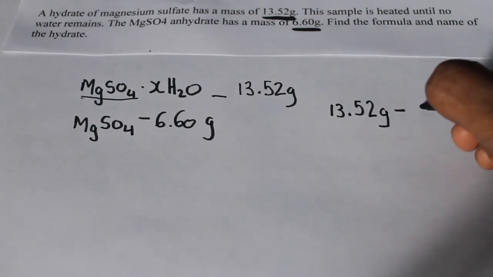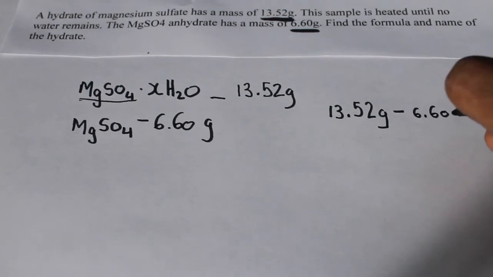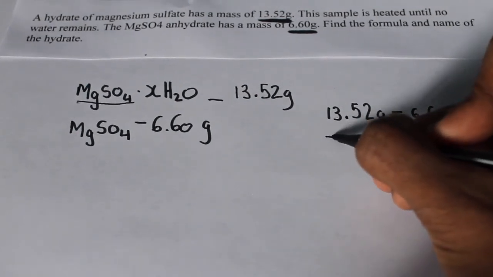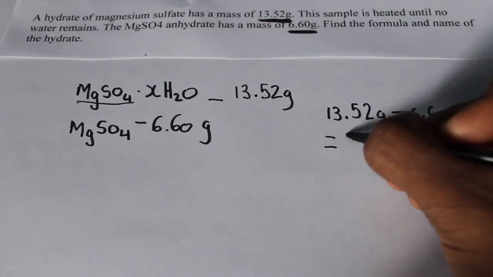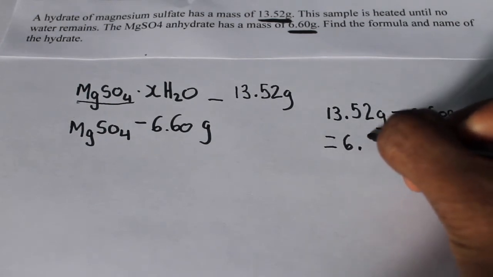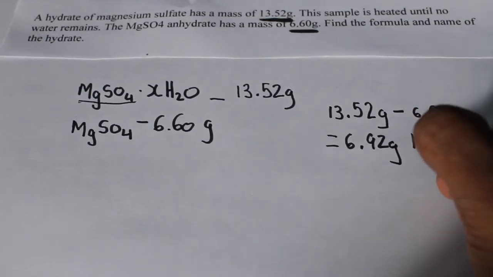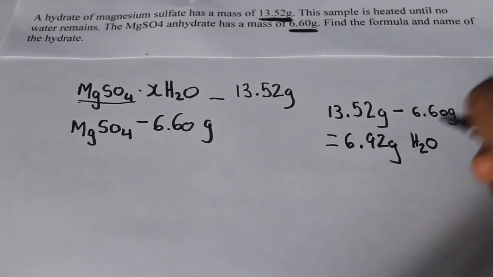So 13.52 grams of hydrate minus 6.60 grams of anhydrate is equal to 6.92 grams of H2O.